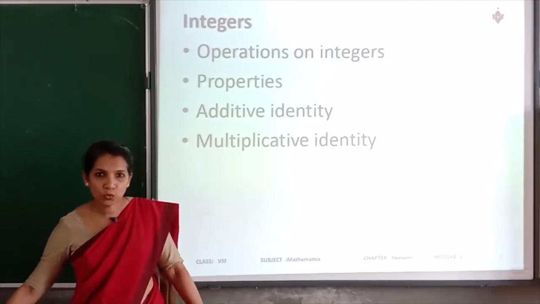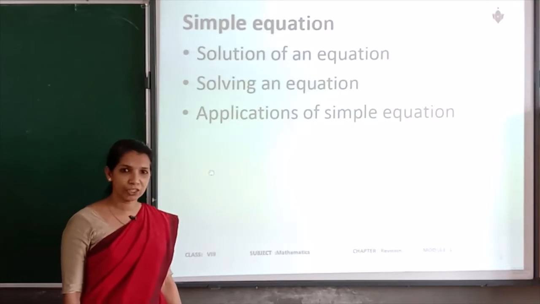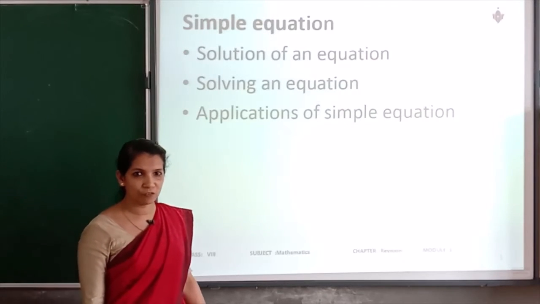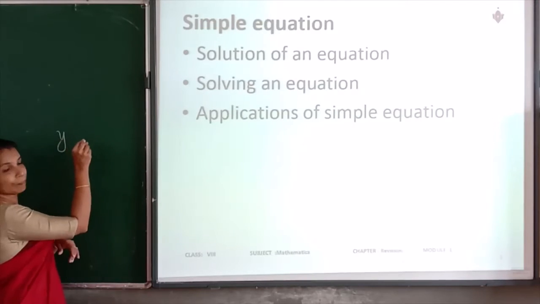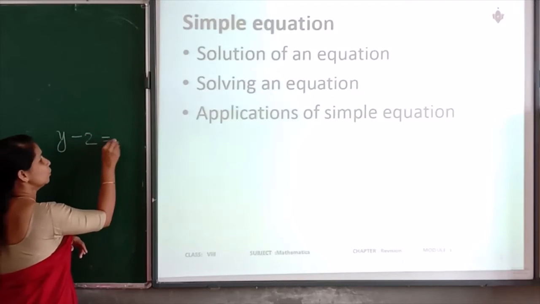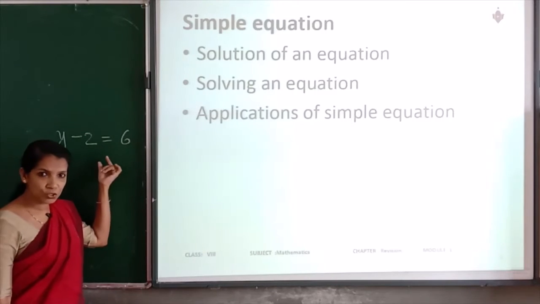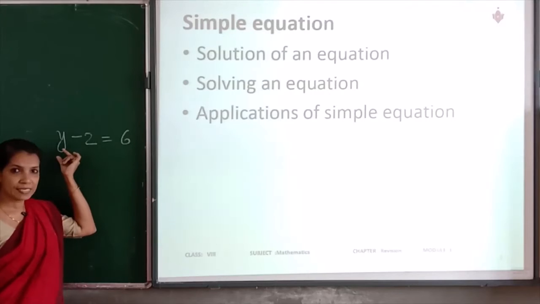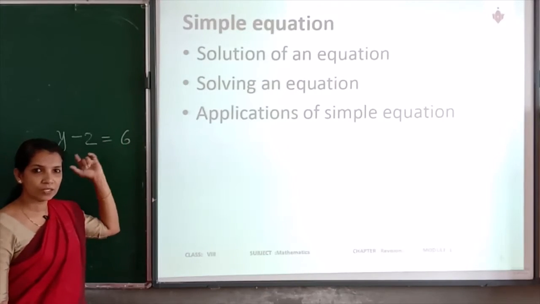Next, we move on to the next topic, that is simple equations. We consider one simple equation, y minus 2 is equal to 6. Here, which variable is used? y is the variable and 2, 6, these two are the constants.